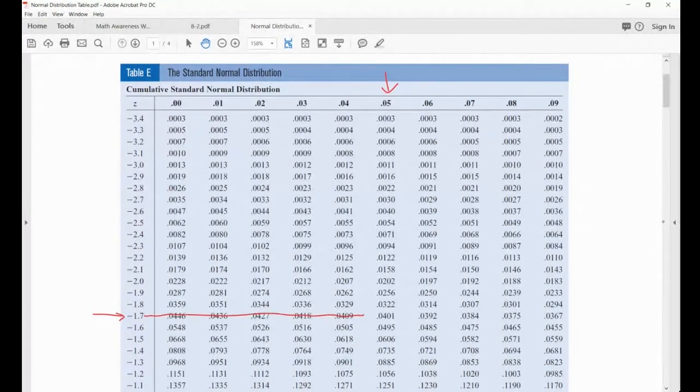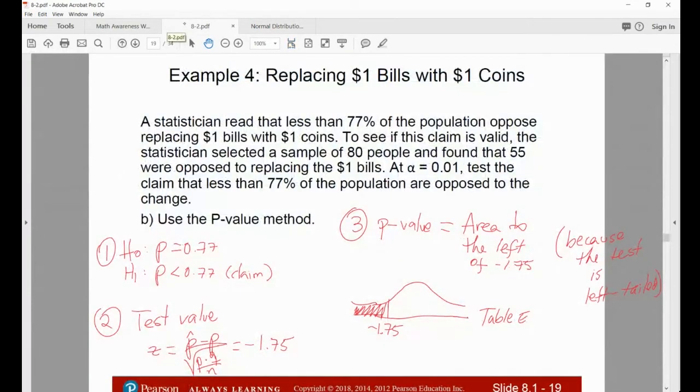So what's the area to the left? 0.0401. So the p-value, this area, is equal to 0.0401.